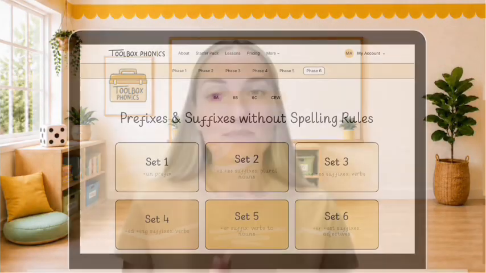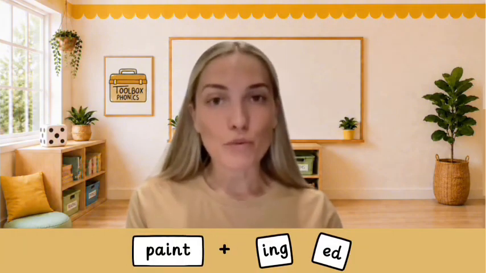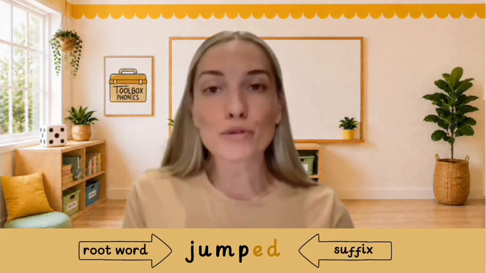Now, back to the main Phase 6 subsections. Phase 6A introduces prefixes and suffixes that don't require a spelling rule. You simply add them to the root word. This introduces children to the concept that adding a prefix or suffix to a root word can change its meaning.